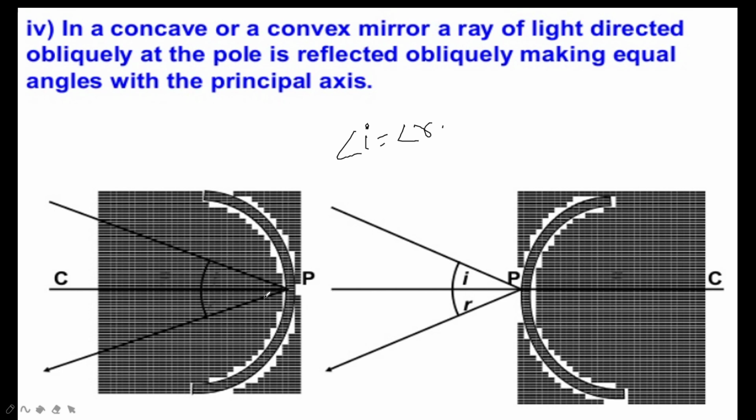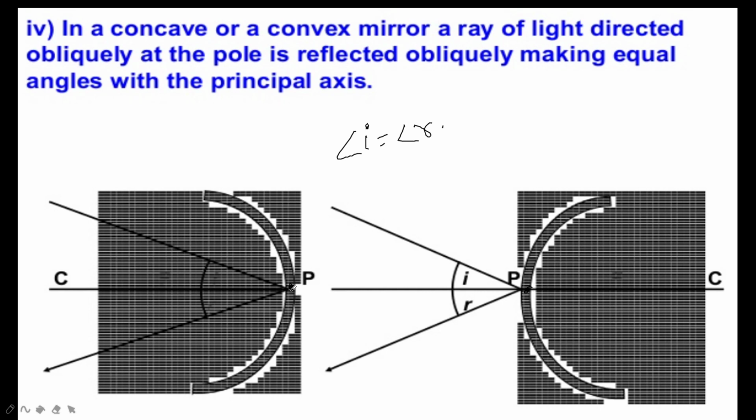If it is incident at the pole of a spherical mirror, it will reflect back along a path such that the angle of incidence is equal to the angle of reflection. In this case, the principal axis itself is the normal at the pole.